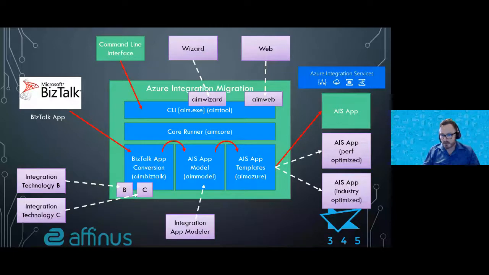And obviously one of the other things that we've got, which is actually quite an interesting prospect, is that if you wanted to directly author an Azure application, you could produce a modeler that populated that model directly, and then you could just run the conversion rules to generate your Azure app.